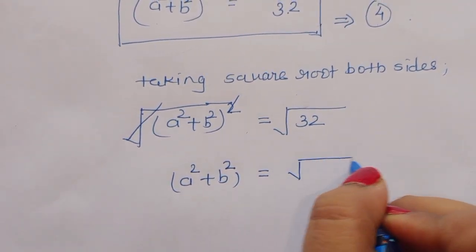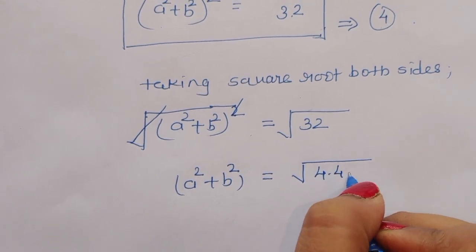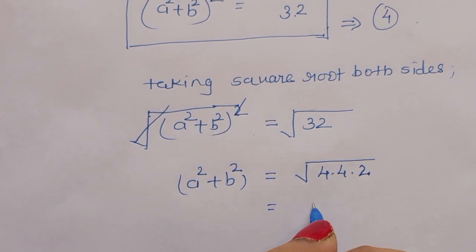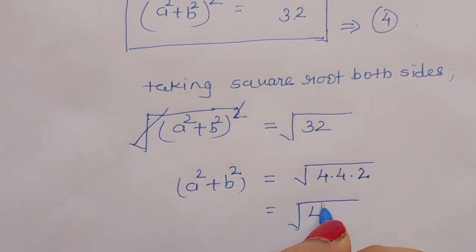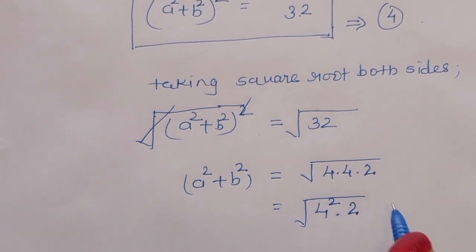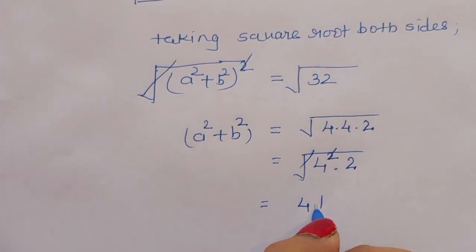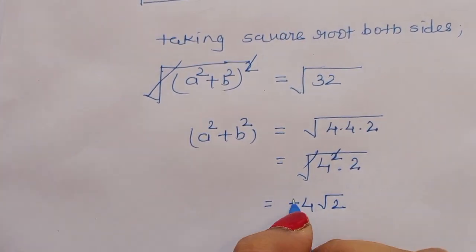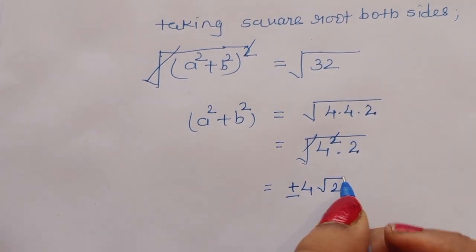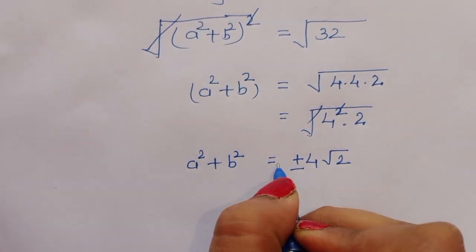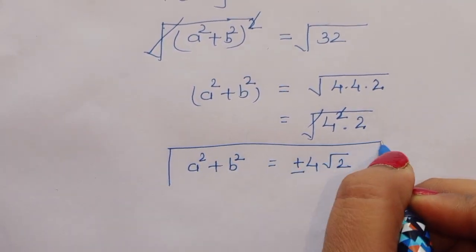Now this square root is cancelled with this square, so we will get a square plus b square equal to square root of 32. We can write 32 as 16 times 2, which is 4 square times 2. So we can cancel this one, giving 4 square root of 2. So this is plus minus 4 square root of 2. So the value of a square plus b square is equal to plus minus 4 square root of 2.